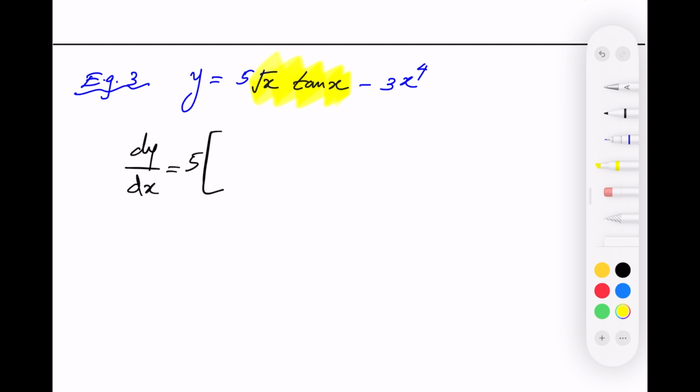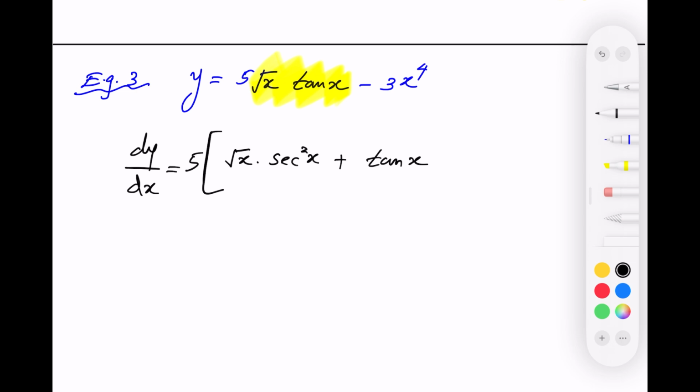One function times the derivative of the other function plus the other function times the derivative of the first function. So differentiation of that part is going to be equal to square root x times the derivative of tangent x, which is secant squared x, plus tangent x times the derivative of square root x.